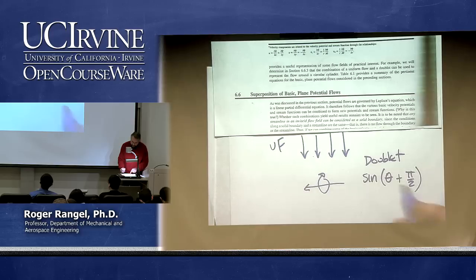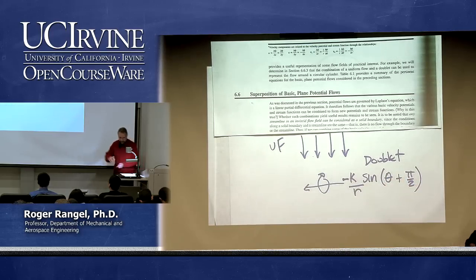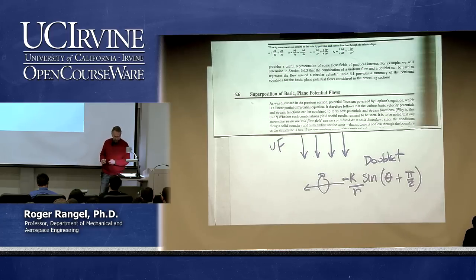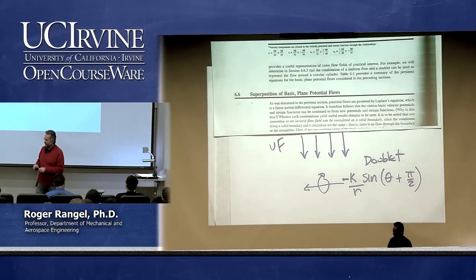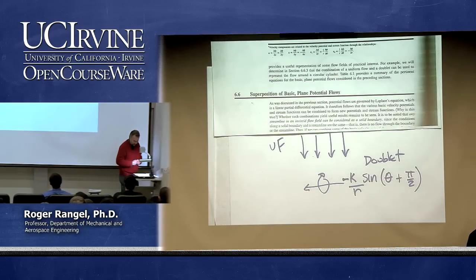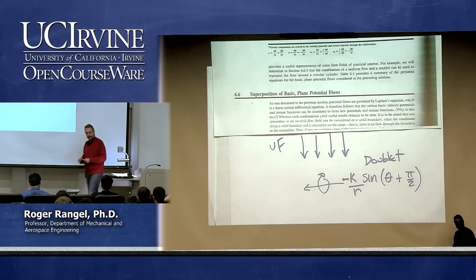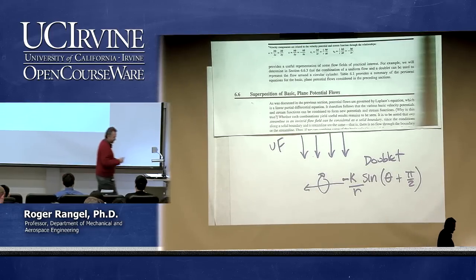This is the other part of the doublet, so let's write the whole thing. It was minus k over r. But now I have taken that doublet and flipped it 90 degrees. What's the sign of sine of theta plus pi over 2? It keeps the sign, right?